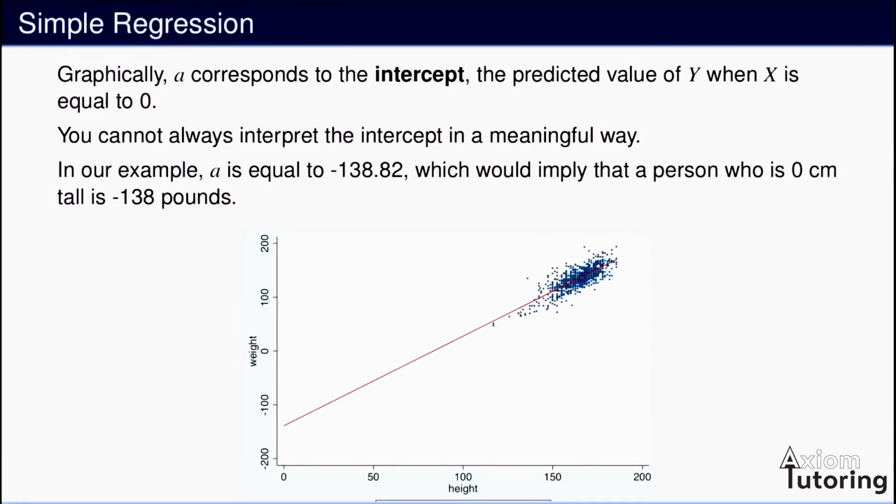So the fact that you cannot interpret the intercept in a meaningful way does not mean that the model is wrong. In this case, for example, the linear modeling seemed to be relatively good. It's just you can't extrapolate it very far from the values of x that you observe in your sample.